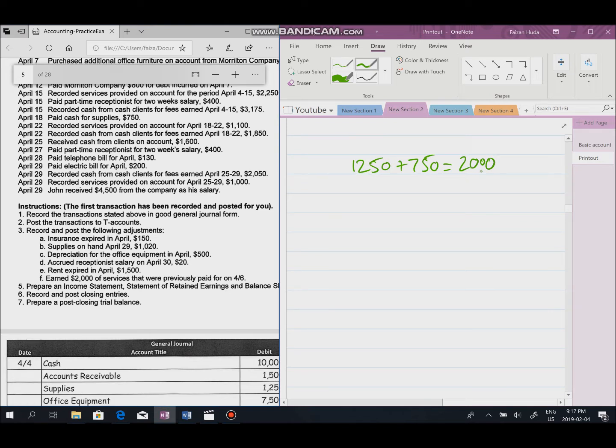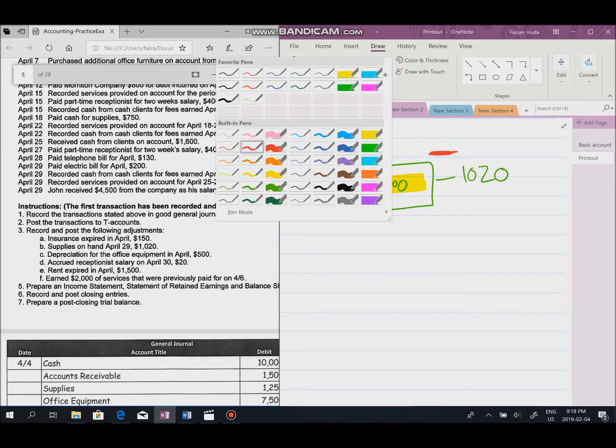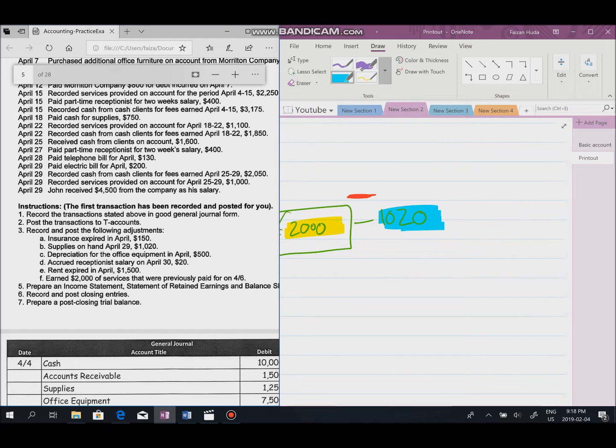Alright, so to know what amount to debit or credit, I want to make this supplies equal to supplies on hand in April, which is 120. Now how I will do that is I'll subtract this amount by this amount.